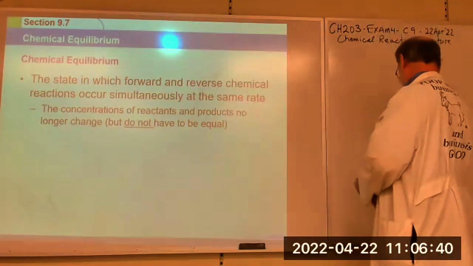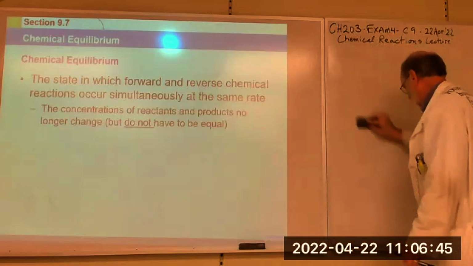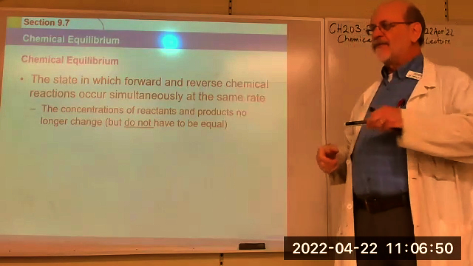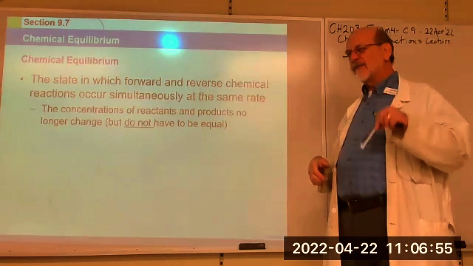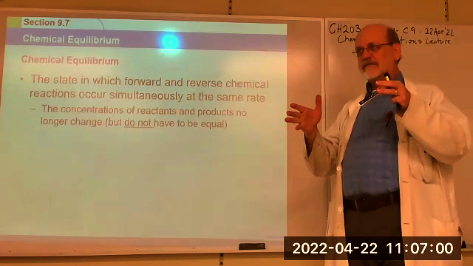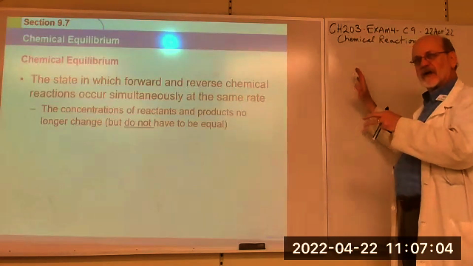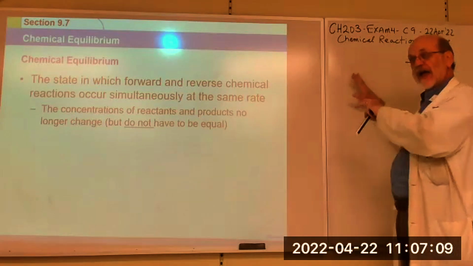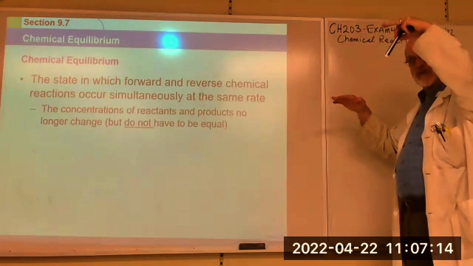Okay, equilibrium. Equilibrium is a term we use in chemistry to describe the appearance of static conditions in a chemical reaction. In other words, you get reactants and products, and at some point, the concentrations of reactants and products, wherever that may be, stabilize and don't change anymore.